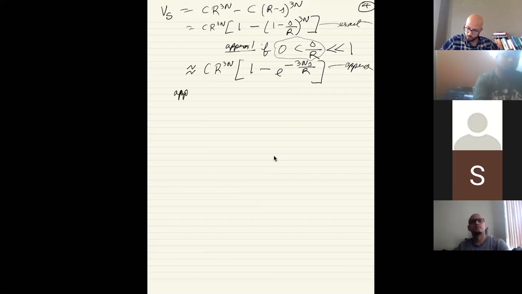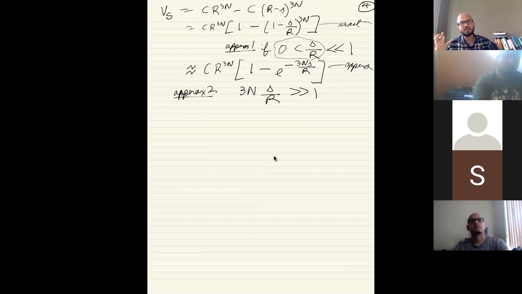And secondly, we are going to make another approximation that if 3n multiplied by s by r is much more than 1. So we are saying that, okay, s by r is smaller than 1, but let's say the number of particles you have is so many that when you multiply n with s by r, it again goes back and becomes higher than 1.